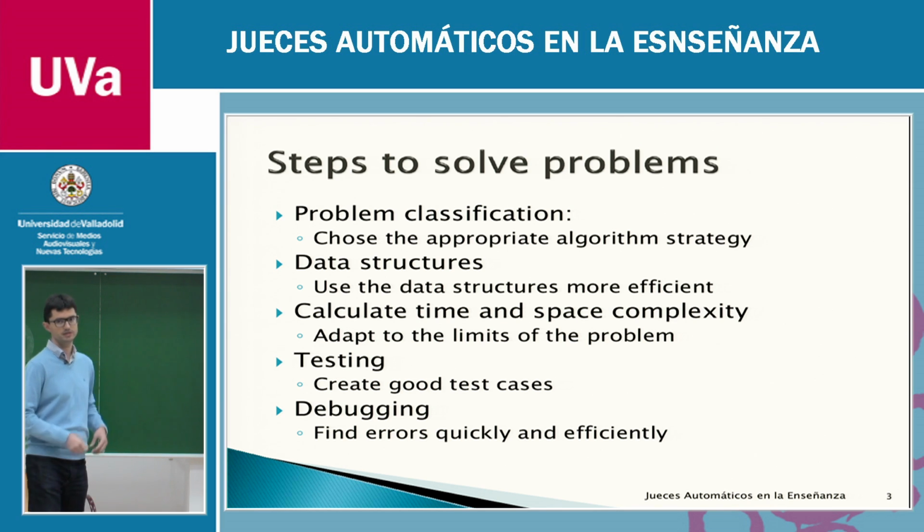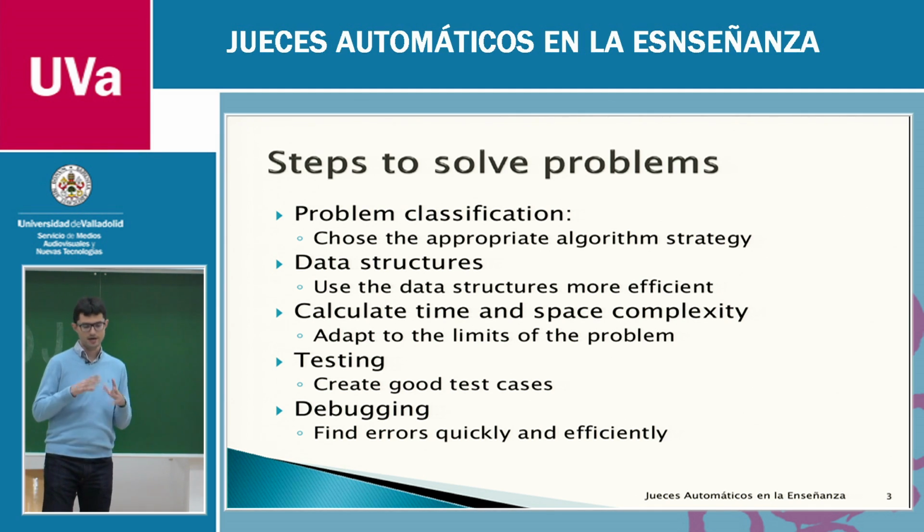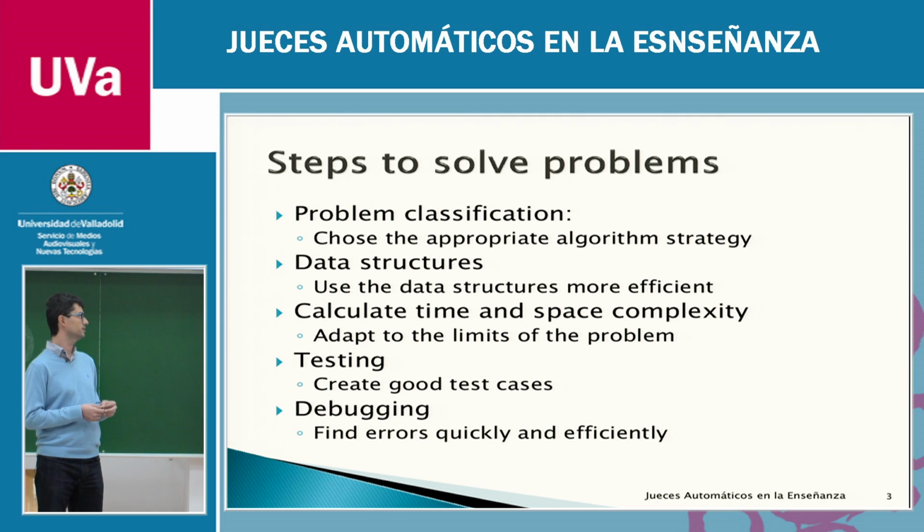The second important point is the data structures. Some of them are more suitable for some things and others for other things. I will explain a little bit about this. The next point is to try to adapt to the limits of the problem, in time and also in space.